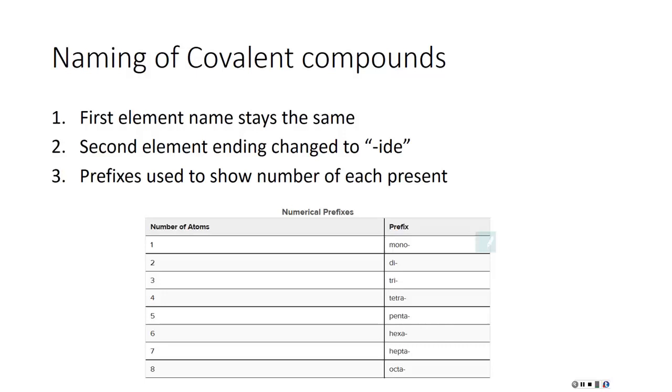You don't really have to know 7, but I put it in there anyway because it seems silly to leave it out. The prefix for 1 is mono, prefix for 2 is di, and then you actually get into the shape. So how many sides are on a triangle? 3. Okay. A tetragon, does anyone know what another name for a tetragon is? It's a square. It's a fancy word for a square.